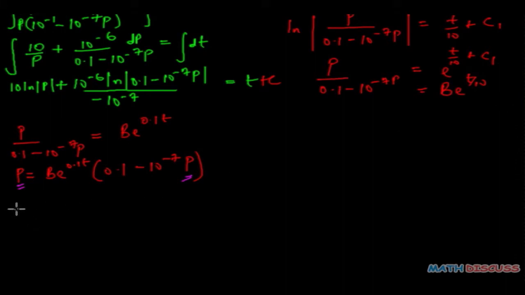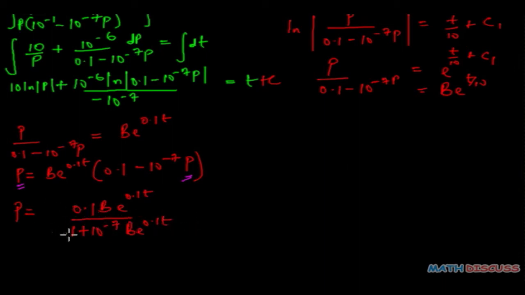When we do that, P equals 0.1 b e to the power 0.1t divided by 1 plus 10 to the power negative 7 b e to the power 0.1t.